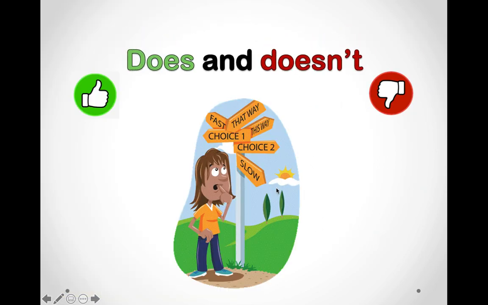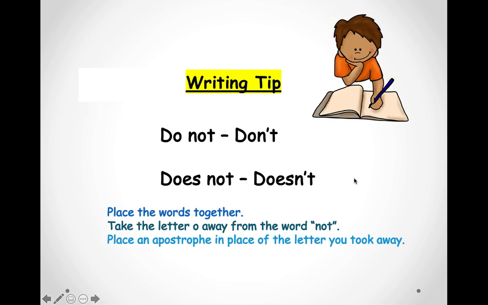So in today's lesson we are learning about does and doesn't. So for example, he does like the fruit, or he doesn't like the fruit. Here is a writing tip just to help you with this lesson.